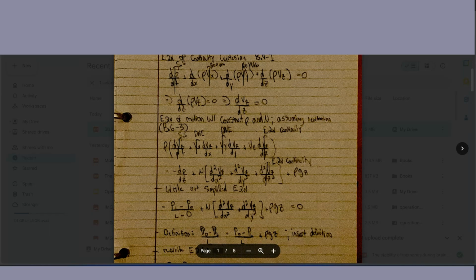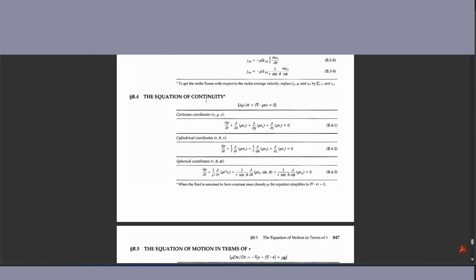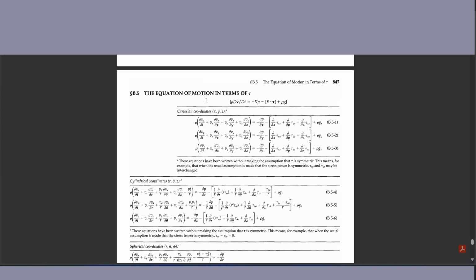All right, so now we have the equation of motion in terms of rho and viscosity. We're not using this equation because it's a Newtonian fluid. If you did, you could use this equation, but you would have to plug in all the definitions for the shear stresses and normal stresses, which is really annoying.